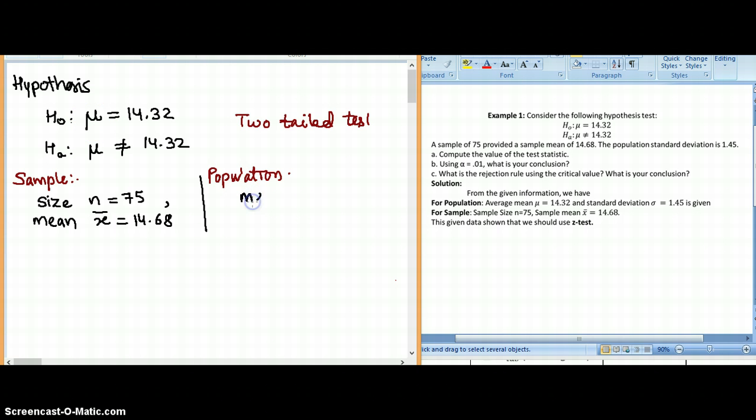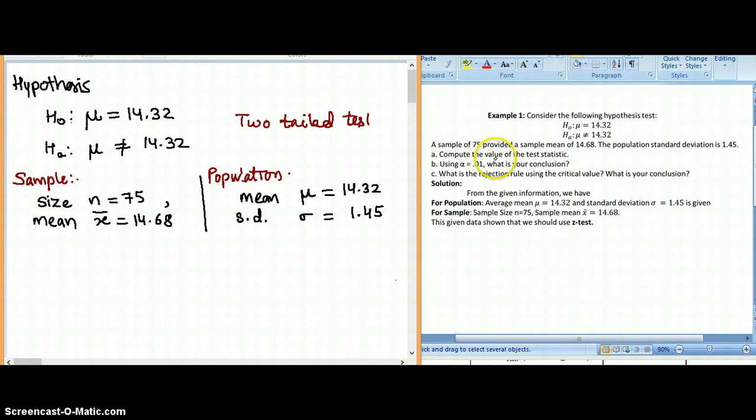So first we write mean of population, that we denote by mu is equal 14.32. And from this line we get the standard deviation of population, which we denote by sigma, is 1.45. Okay, this information is given.